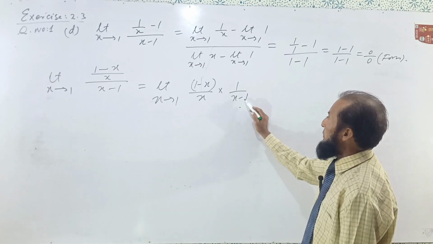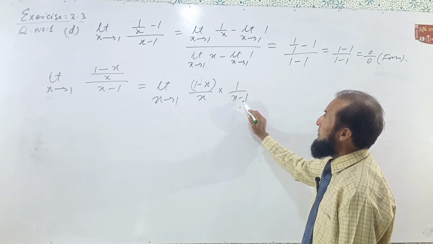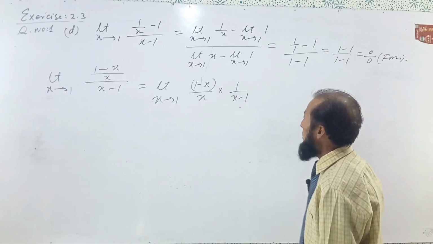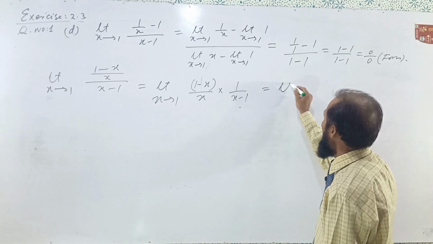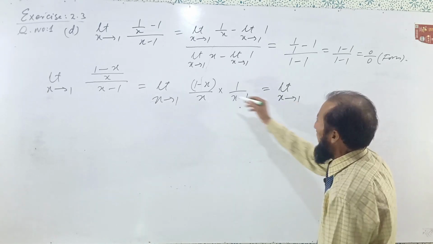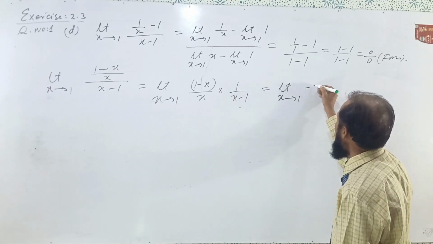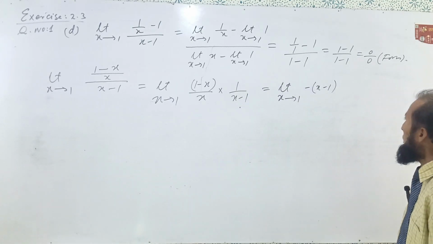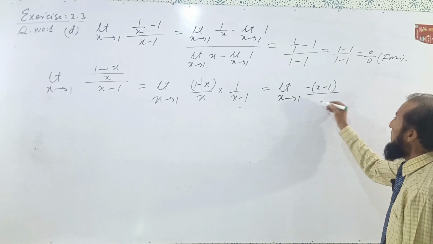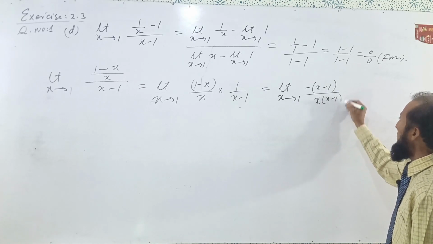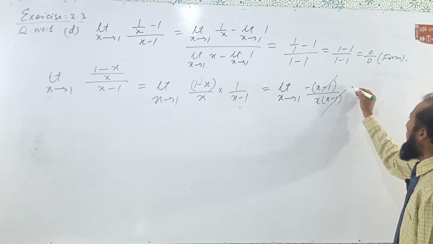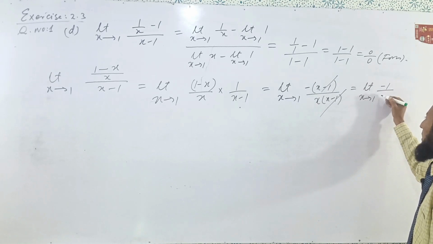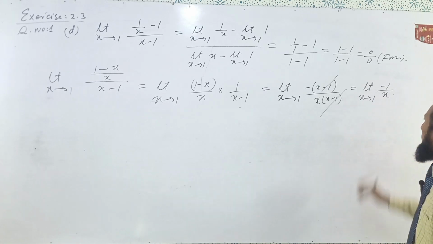Now we are trying to finish this value. If we take common, minus common, the result will be the same. Limit x tends to 1, we get x minus 1 divided by x into x minus 1. So both are cancelled, and we get limit x tends to 1 of minus 1 divided by x.